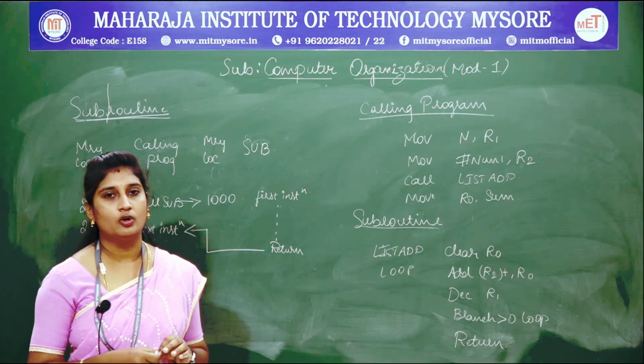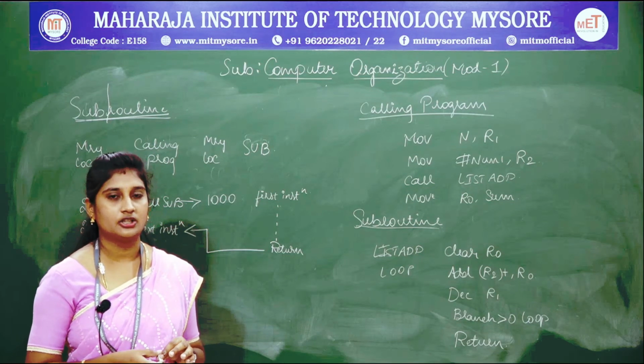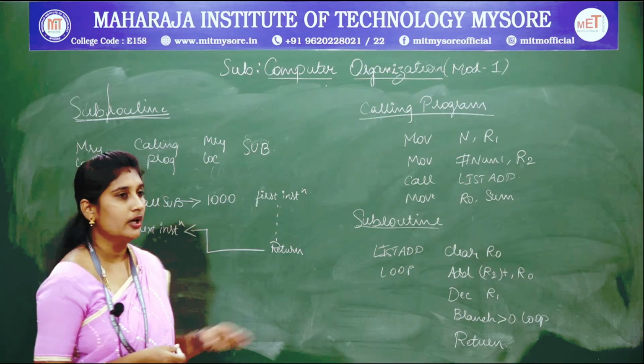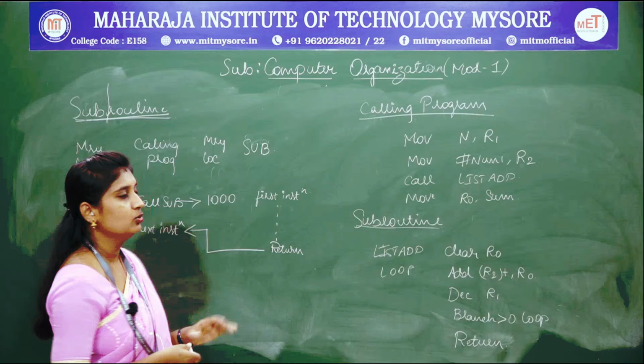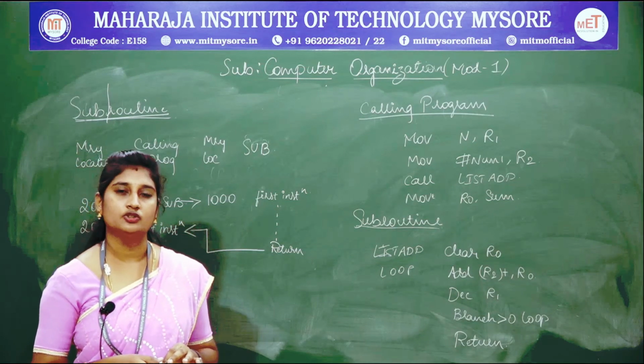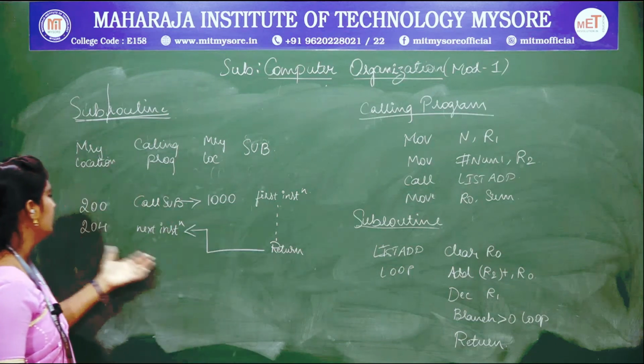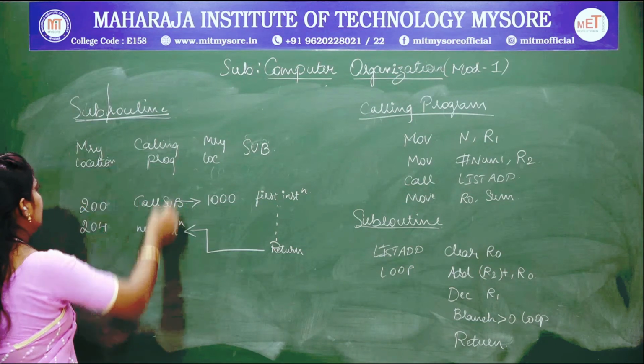At the end of the subroutine, the return instruction is executed. When the return instruction is executed, it returns back to the main program, that is, the calling program. Fine. So here is a simple memory mapping of subroutines.